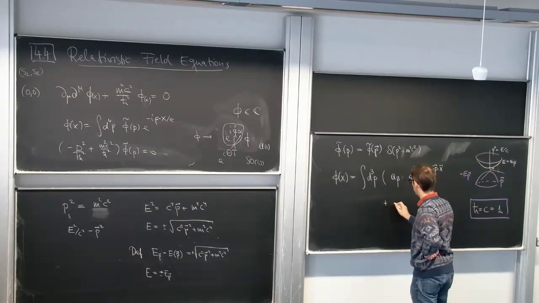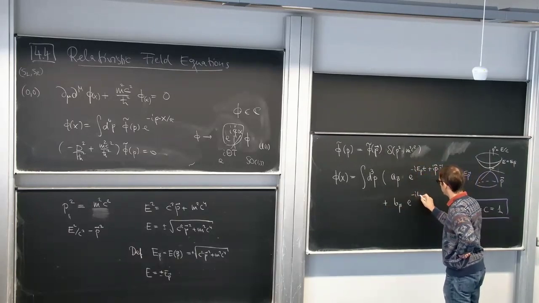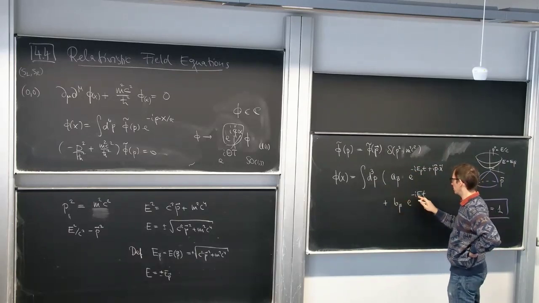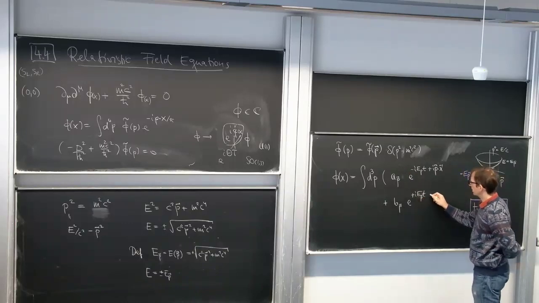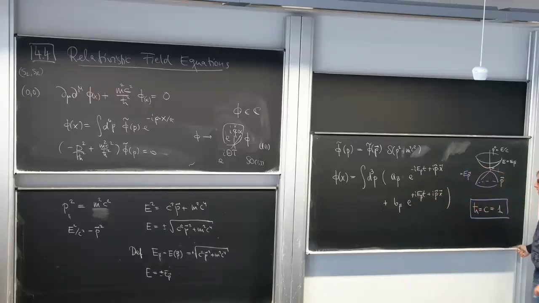And then we have another one, and let's call this B. This is then where we had a minus E here, but I integrated over the energy part using this delta function, and then this turned into minus p. And then nothing changed here. I still have that.